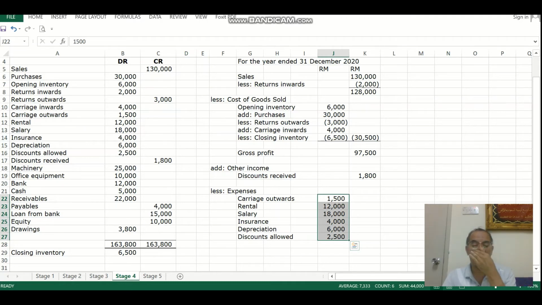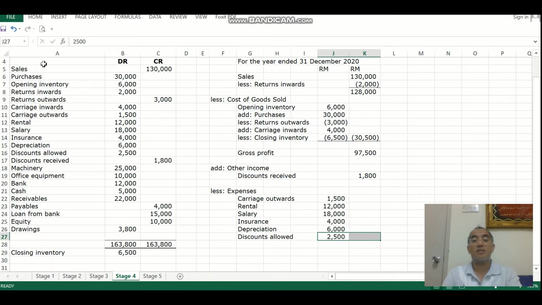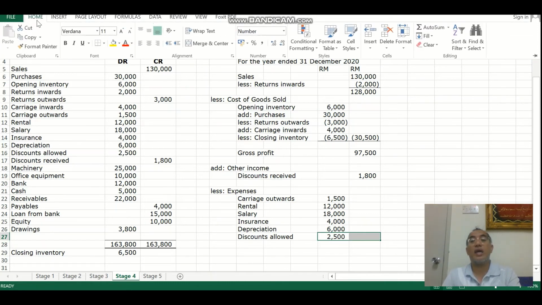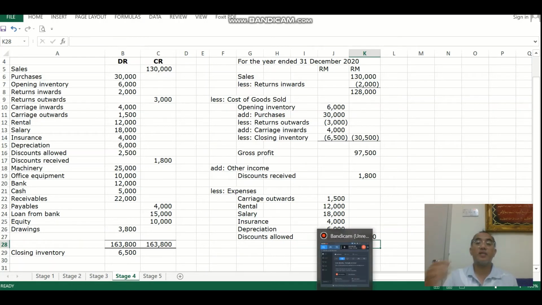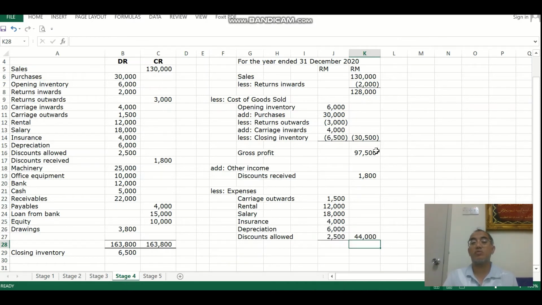So it's good for you if you know how to use Excel. Okay, now I need to add together the total of my expenses. So my total expenses is 44,000. But we need to minus that 44,000 because we want to get our net profit.